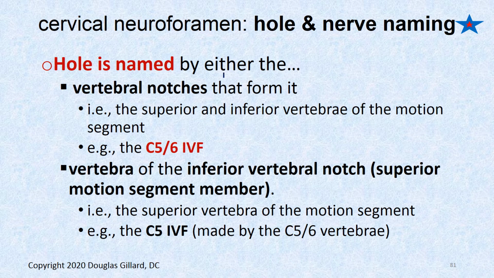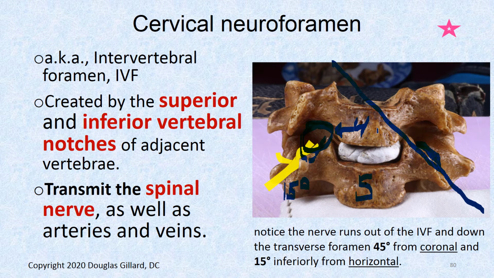So the hole can be named either by the vertebral notches that form it, which are the superior and inferior vertebral motion segment members, or you could just name it for the top superior vertebra that forms it, which would be C4 in my little case here. Got it?